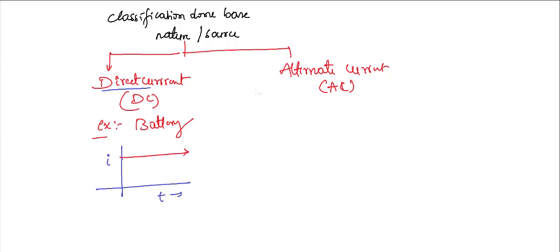Got it? In the case of alternating current, it has some wave nature. It is usually a sinusoidal wave.